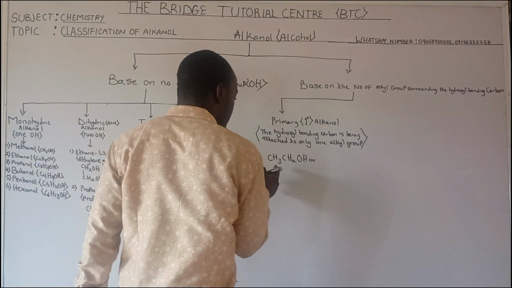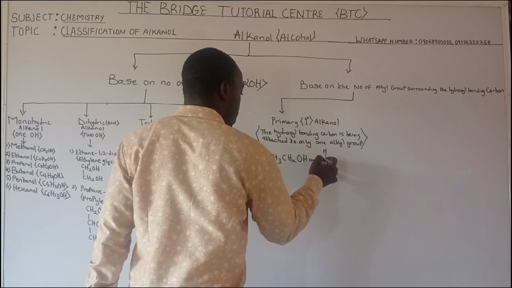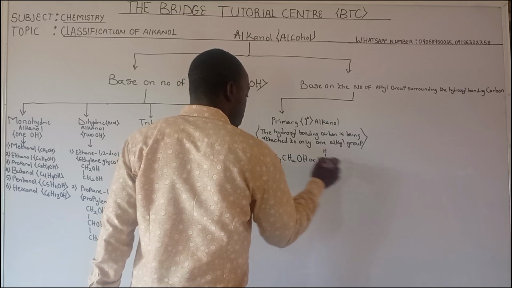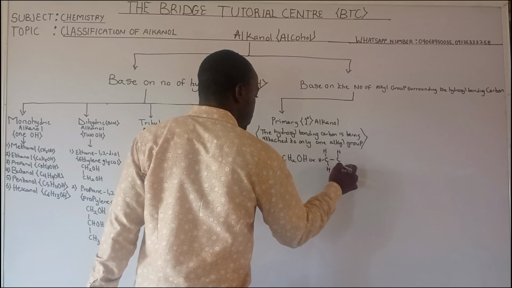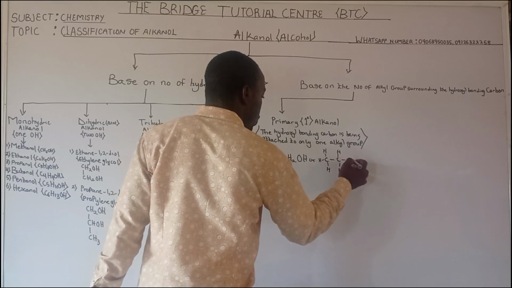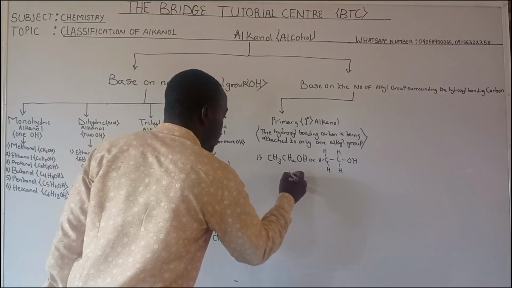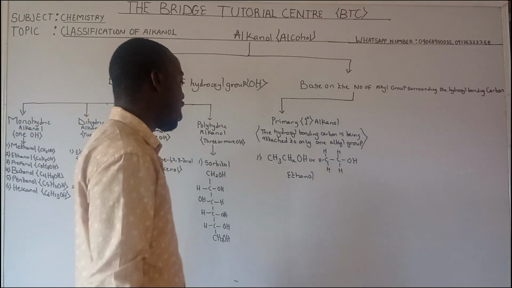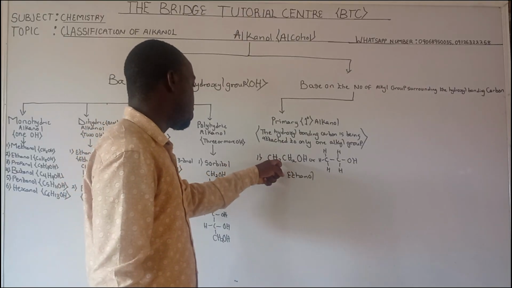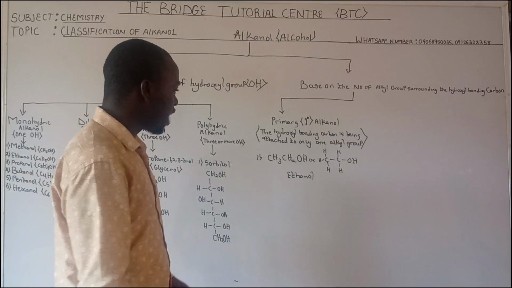Also, let's rewrite it as C, being surrounded by H. Then we have CH2, then we have OH. So if you take a look at this, don't forget this is just ethanol, which is C2H5OH.